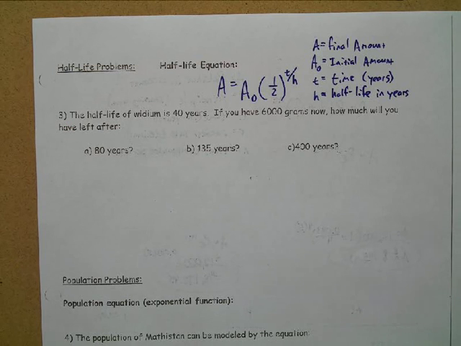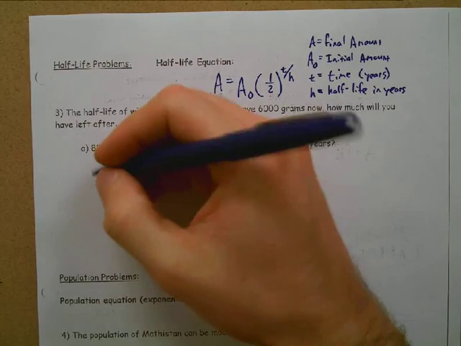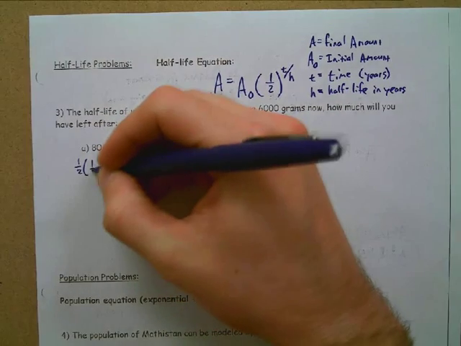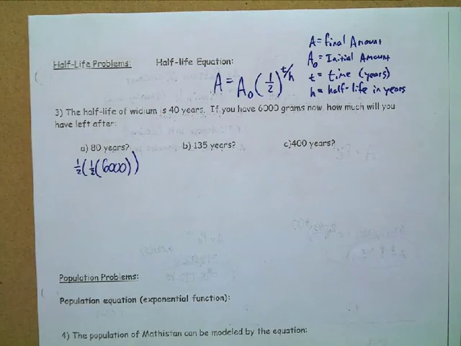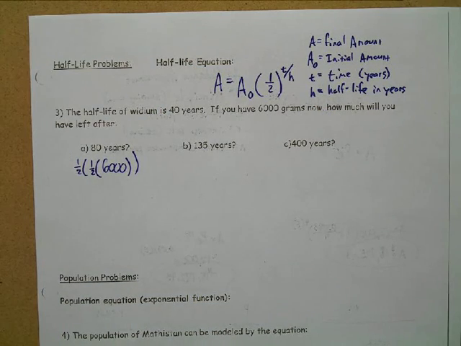And then 40 years later from that, which will now be a total of 80 years, how much will be left? 1,500. So the final answer here is 1,500 grams. It's just half of half of the original 6,000, because we're doing two 40-year intervals to make a total of 80 years.